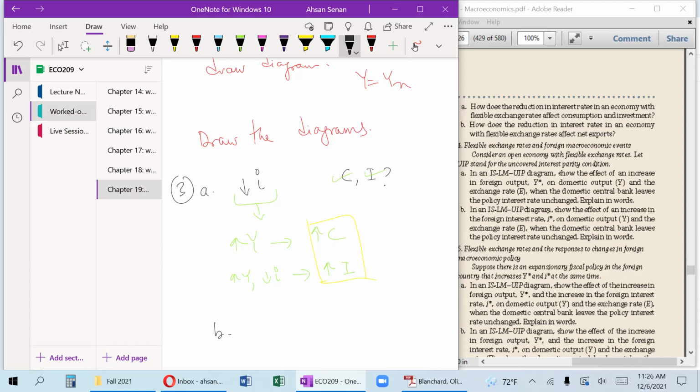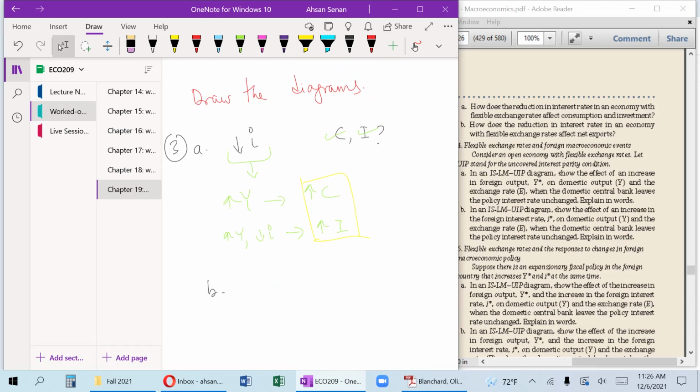Part B. What happens to net export? Net export. What happens to net export? Now this is interesting and a slightly trickier one. So if there is a fall in interest rate, we've already seen this in question 2, the nominal exchange rate is going to fall. When the nominal exchange rate falls, what we see is that export goes up, import goes down, right?